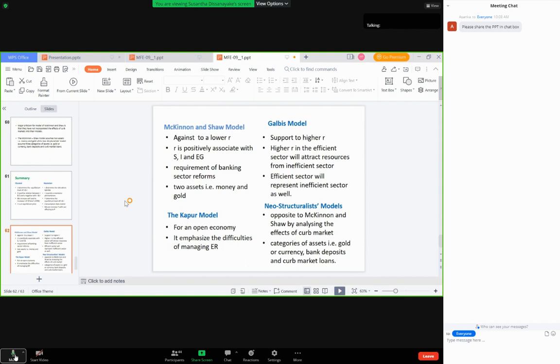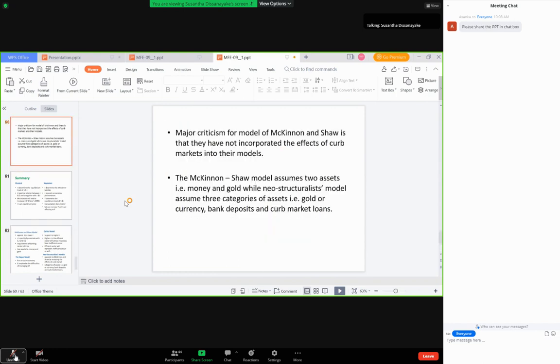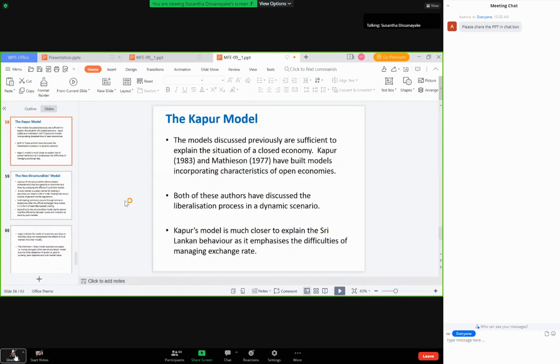Sir, can you please explain again the Kapoor model? I couldn't grasp the meaning of it. Okay. It's like this. The models discussed previously are sufficient to explain the situation.